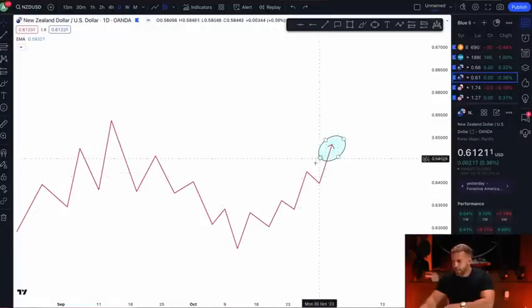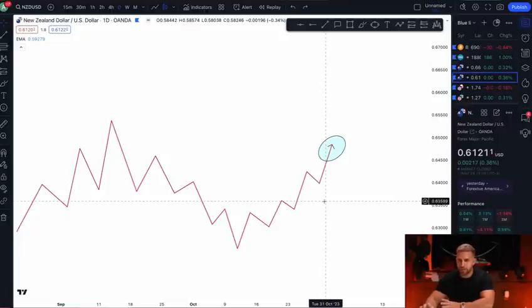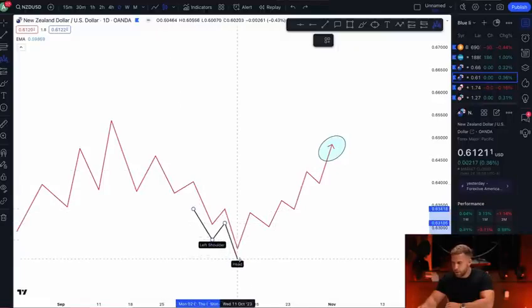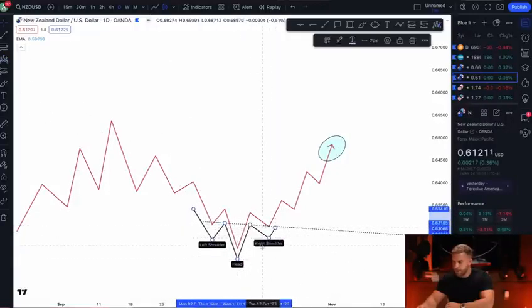Now, this bullish market was created because of a pattern. What pattern, you may be asking? Well, just to make it very simple and straight to the point, it is going to be an inverted head and shoulders pattern, which is this pattern down at this point right here. It's an inverted head and shoulders pattern, which is the opposite of a head and shoulders pattern.